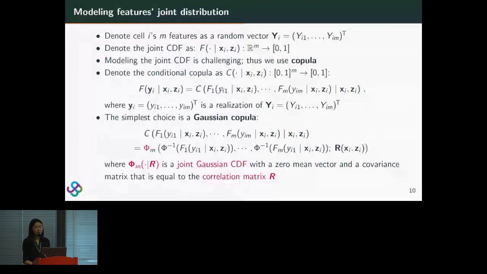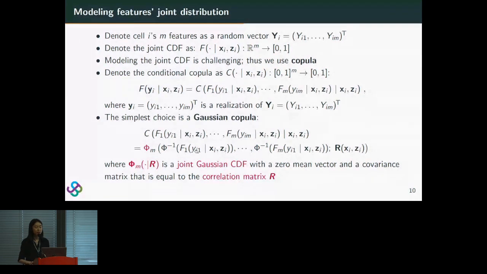So this is CDF1 to CDFn. The idea here is that after transformation, every feature becomes uniform between 0 and 1. And the copula links those n uniform 0 to 1 random variables into a joint n-dimensional distribution. Specifically, the Gaussian copula, for each uniform 0 to 1 variable, applies the inverse Gaussian CDF to turn it into a standard Gaussian random variable.